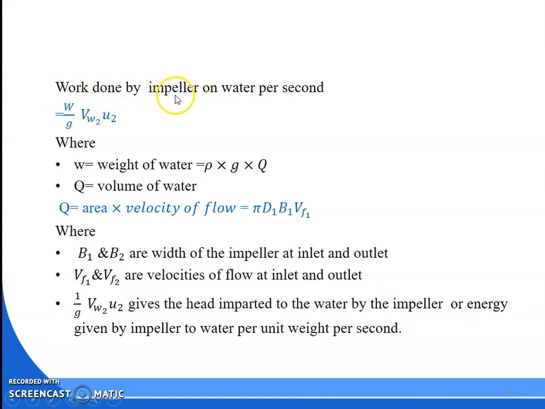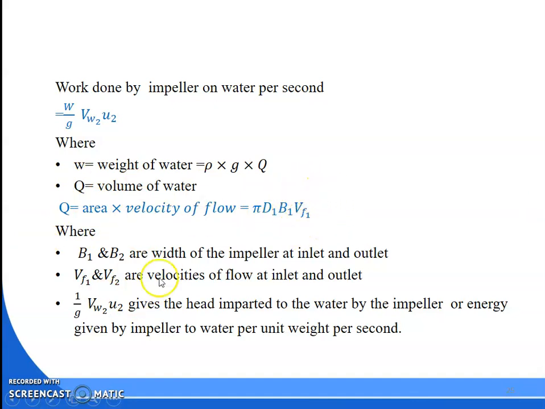Okay. So what is the work done by the impeller per second? That is W/g into Vw2 U2. What is W? W is the weight of water, rho g Q. So rho g Q into Vw2 U2 divided by g. Q is the volume of water, or discharge. Area into velocity of flow gives you discharge. The area of flow is pi d1 b1 into the velocity of flow Vf1.